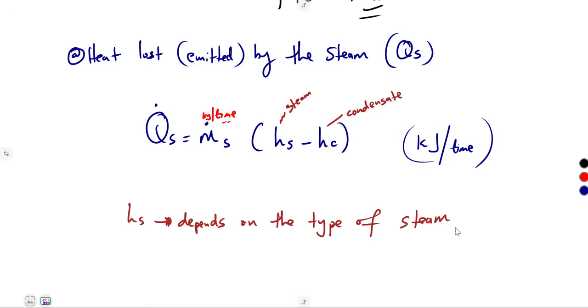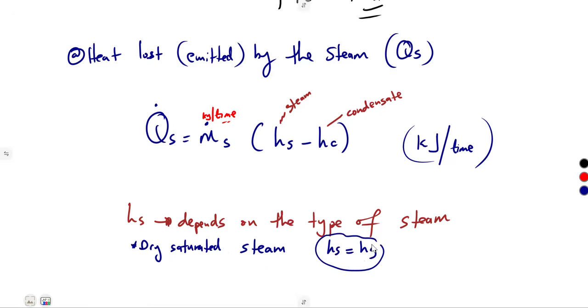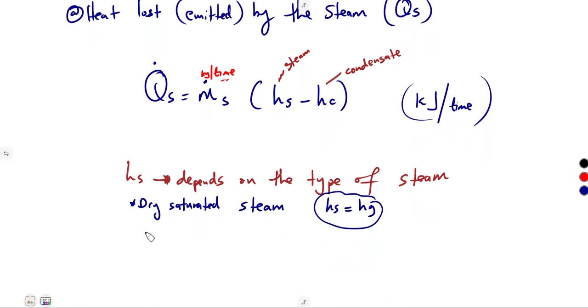That's where we have to apply our steam tables. We can have dry saturated steam. When it is dry saturated, our HS will be equal to HG. Dry saturated, remember guys, steam generation, okay? Dry saturated, or it can be what? It can be wet.